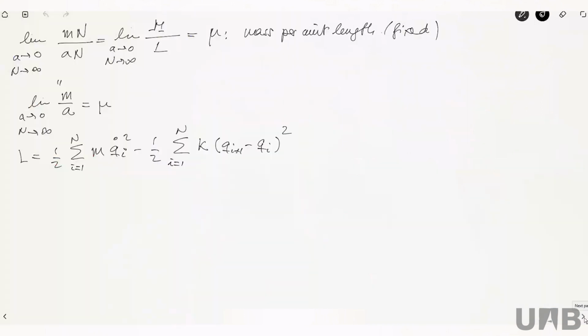Good. So we start by putting A's and N's in the right place. So that means let me divide this thing by A and multiply this whole thing by A. That way I already have m over A. And I know that this is going to have a very easy limit because this is nothing but mu. Okay? All right?